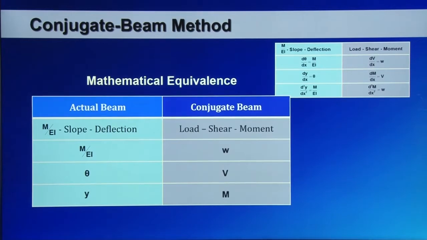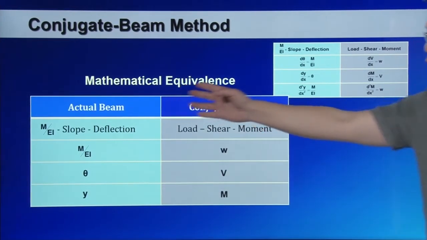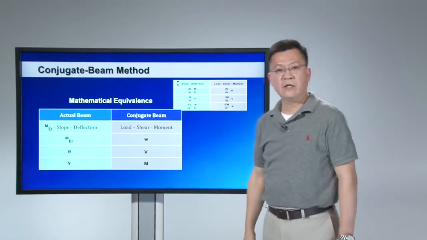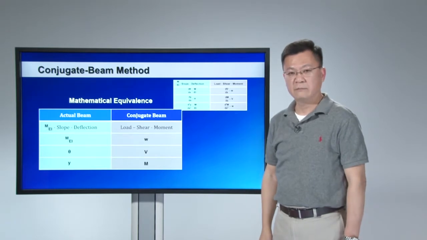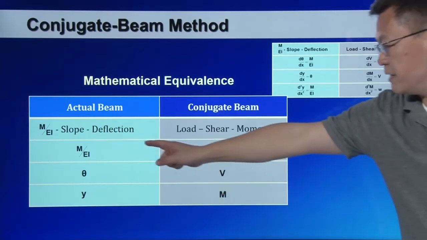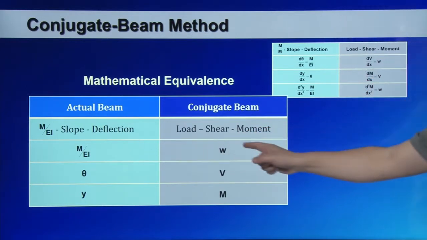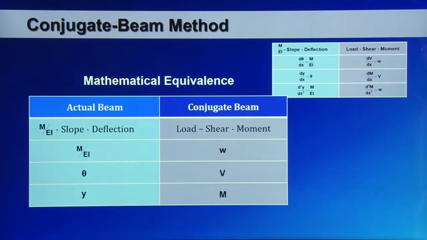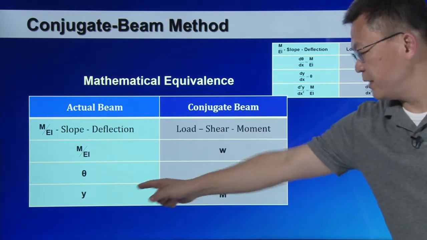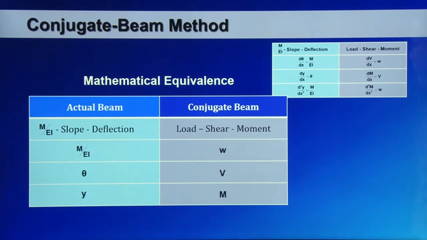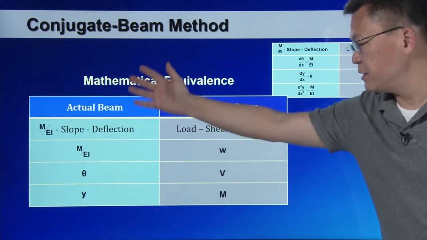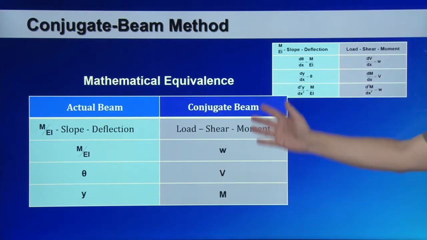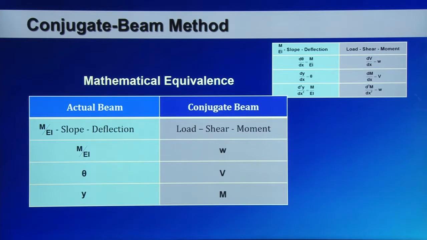So if we can further establish mathematical equivalence like this, then basically their calculations are exactly identical. That is, if we can relate M over EI to loading, relate rotation angles to shear force, and relate displacements to bending moment, then the mathematical operations that you conduct on the left will be exactly the same as the operations that you conduct on the right.